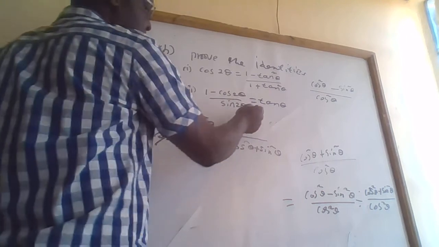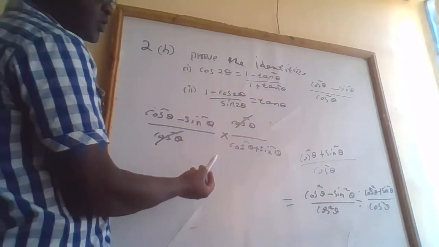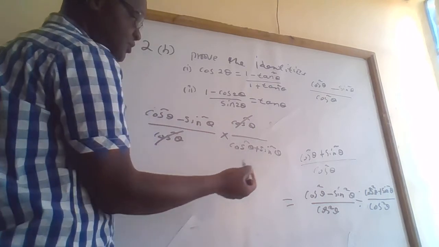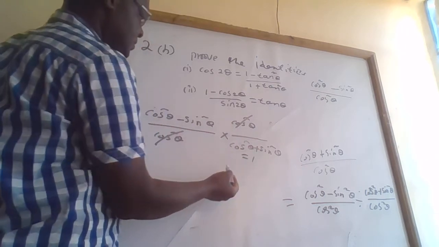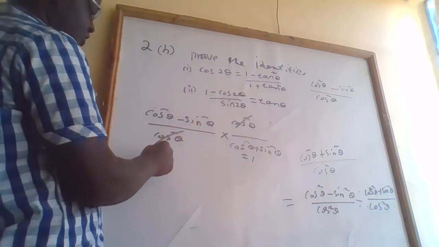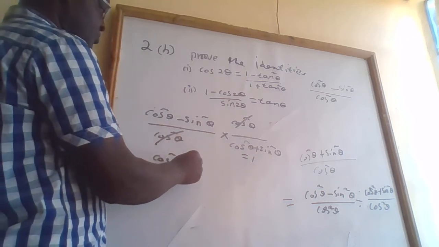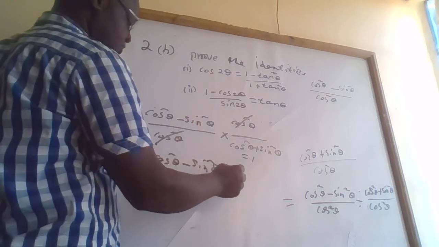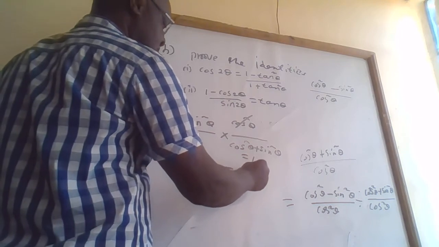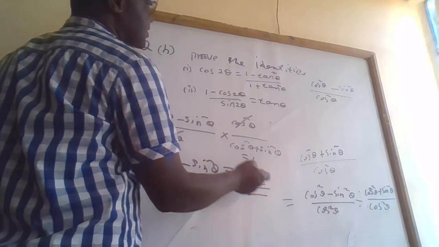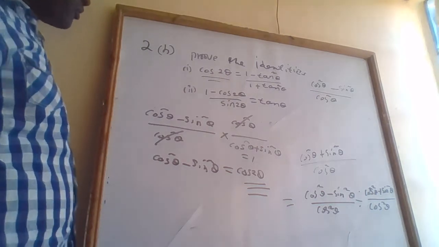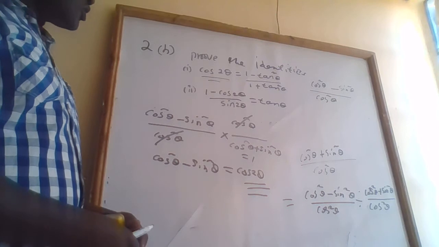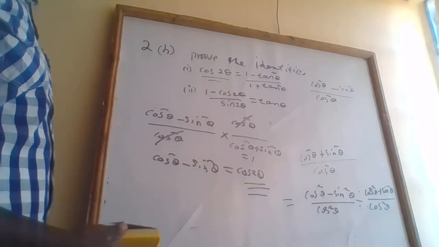So this and this will cancel, and then we know the fundamental identity, cos theta squared plus sin theta squared equals 1. Therefore we have cos theta squared minus sin theta squared, which equals cos 2 theta. We have proved it.